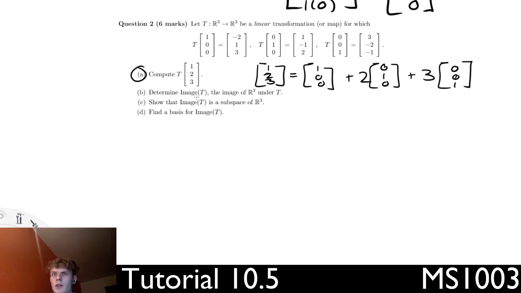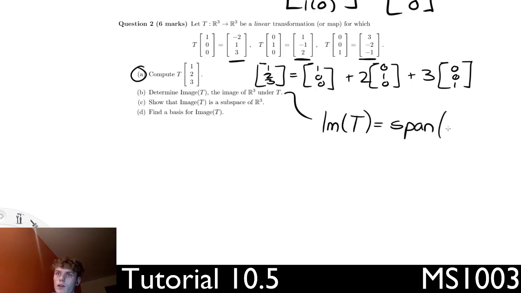Determine the image. This should be fine as well, depending. So the image of T is going to be the linear span of the three vectors. Okay. So the image of T is going to be the span of the columns of T. Now, what you need to be careful of is what if one of these columns is a linear combination of the other two?